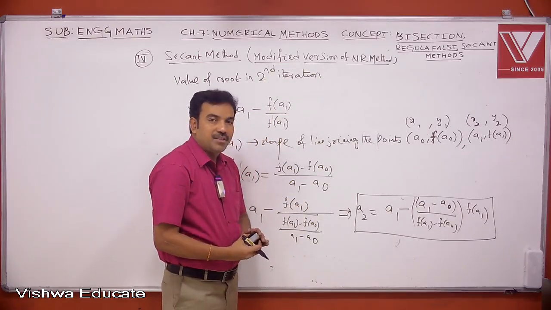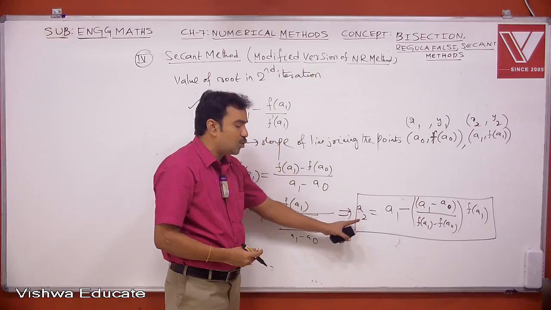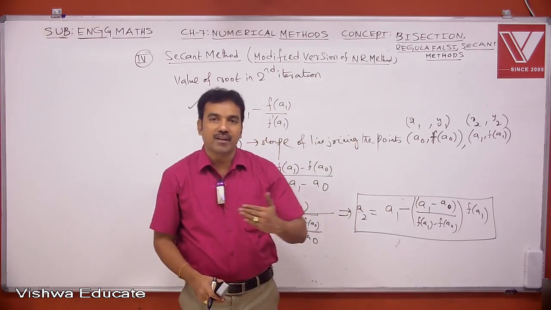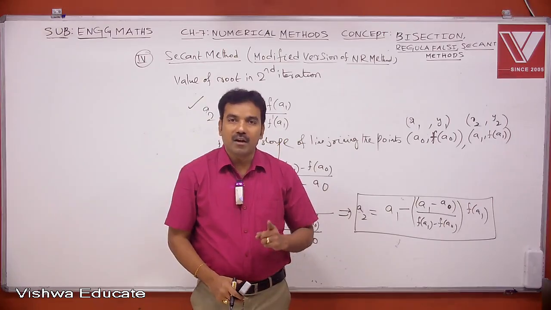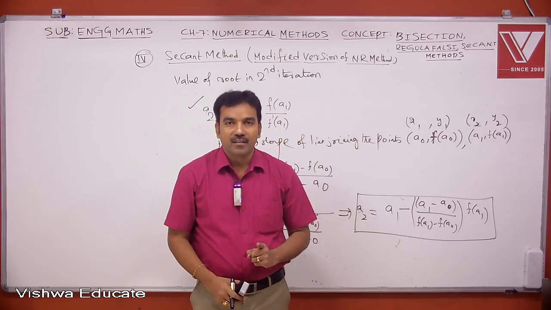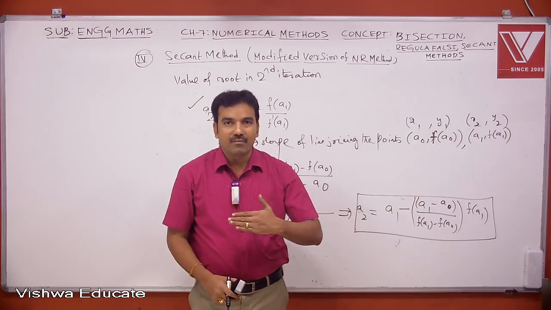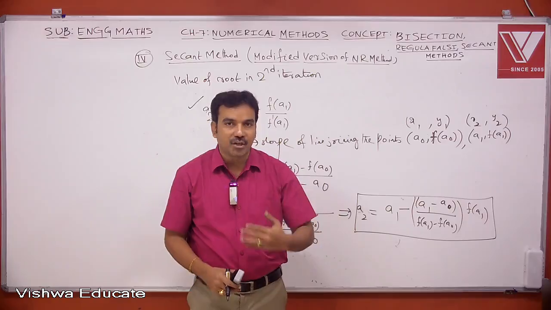Now that means in the secant method, iterations start from 2 onwards. So if you want to get a3, you must know the previous 2 iteration values. a1 and a2 are required for a3. a2 and a3 are required to get a4. So to get the current value, I must know the previous 2 iteration values.